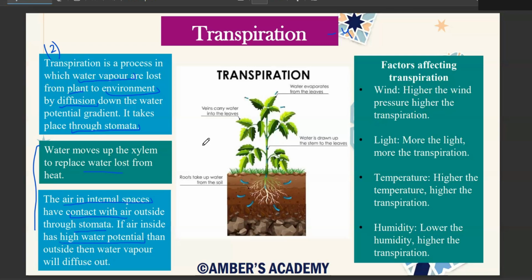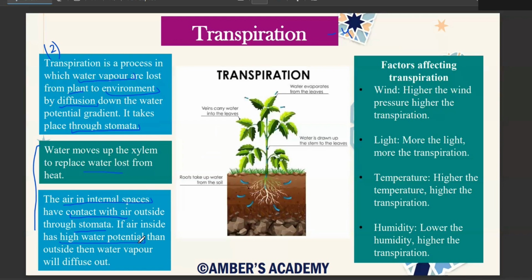So what basically happens in transpiration is written over here: if the water potential of the leaf is higher than the water potential of the environment, then water vapors will be lost to the environment by diffusion. Okay? And how is that water replaced? It's replaced continuously with the help of xylem. Whenever water is lost due to transpiration, xylem will always conduct water in order to replace it.